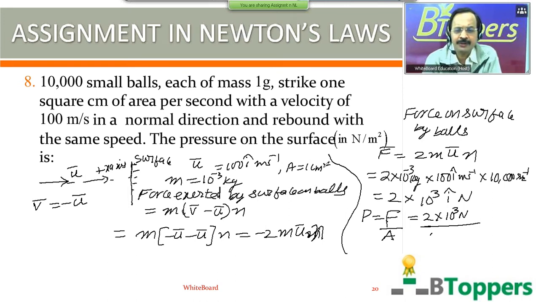If you convert it into SI units, that is 10 power minus 4 meter square. So you get the average pressure on the surface as 2 into 10 to the power 7 Newton per meter square. That's the answer.